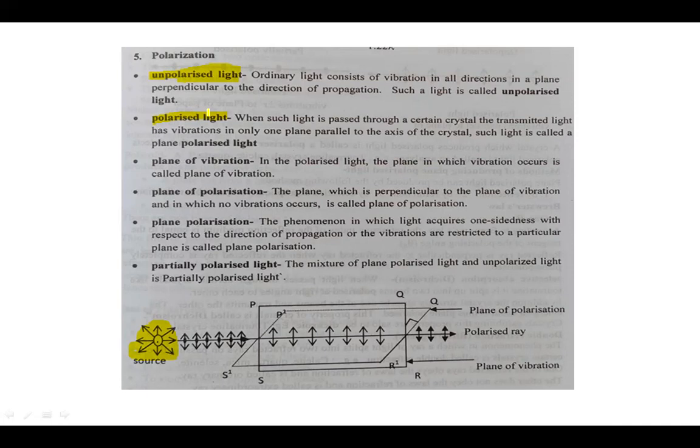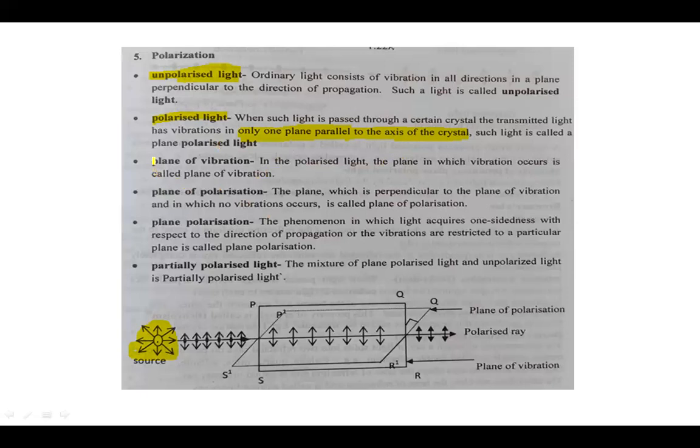Now unpolarized light is moving in all the different directions, correct? But here when it passes through the crystal, it will be vibrating in only one plane, parallel to the axis of the crystal. Parallel to the axis of the crystal, such light is called polarized light.